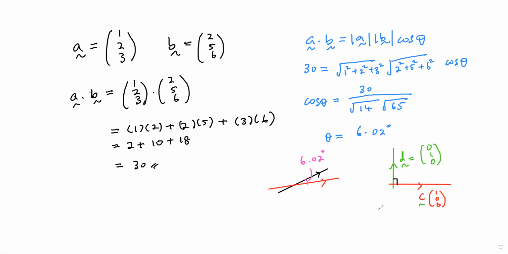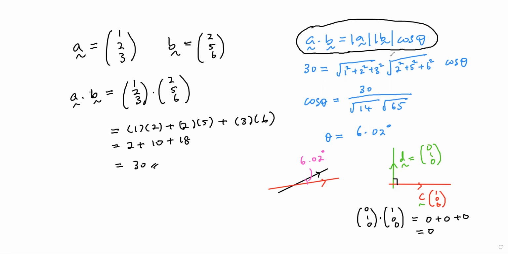What is going to happen when you dot both of them? You get 0, 1, 0 dot 1, 0, 0, and that will give you 0 plus 0 plus 0, which is 0. Why is that so? If you refer to the formula, the relationship between the dot product and the angle in between them: when the two vectors are perpendicular to one another, theta would be 90.